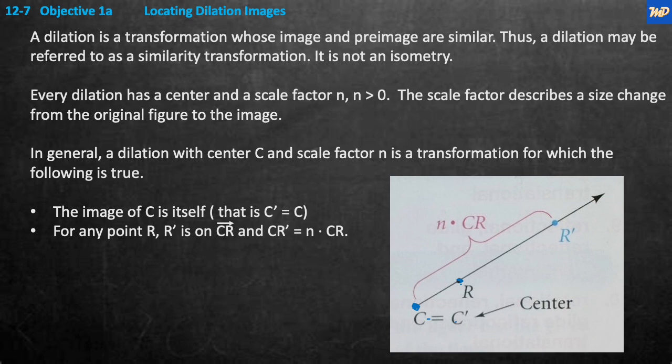And then it says CR prime is equal to n times CR. Well, CR is this little piece right here, and here's n. We're saying that n times CR, this length times n, is what the length of CR prime is going to be.